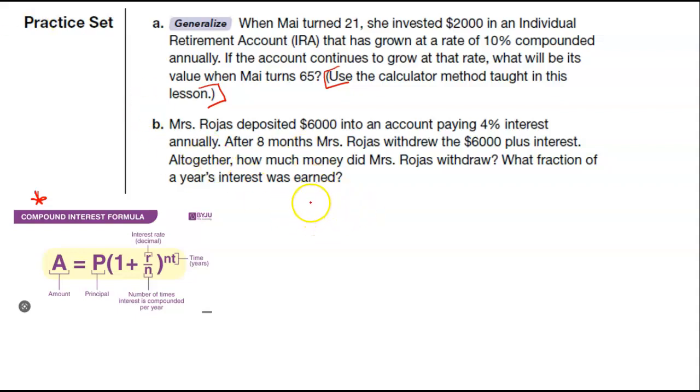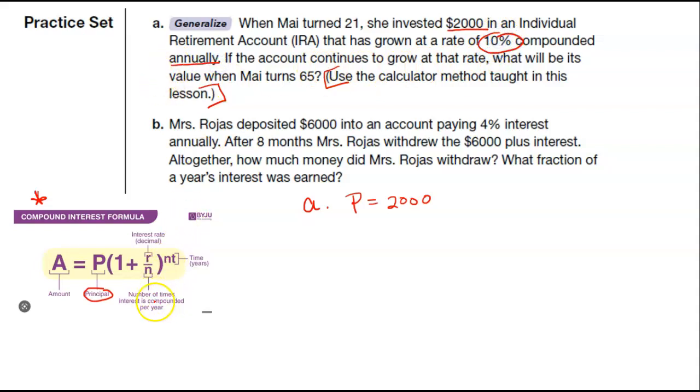So for instance, for A, when Mai turned 21, she invested, so her principal amount, or P, is equal to 2,000. It says the IRA, our individual retirement account, has grown at a rate of 10% compounded annually.